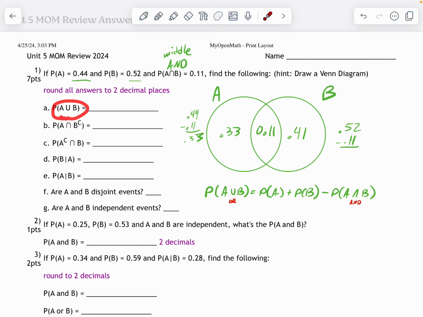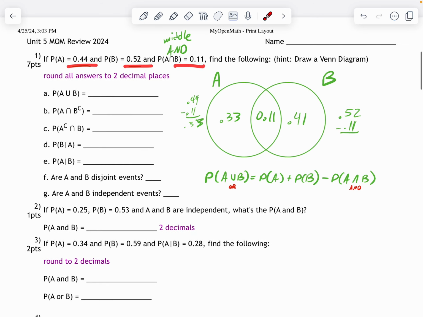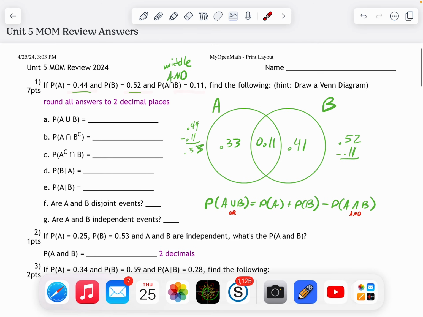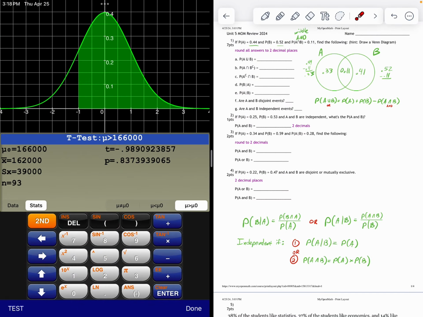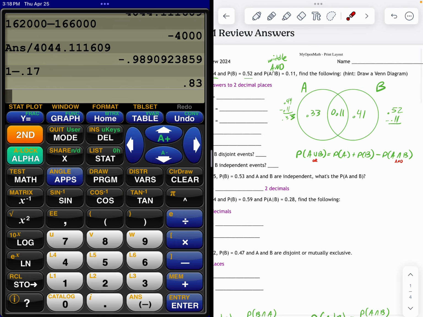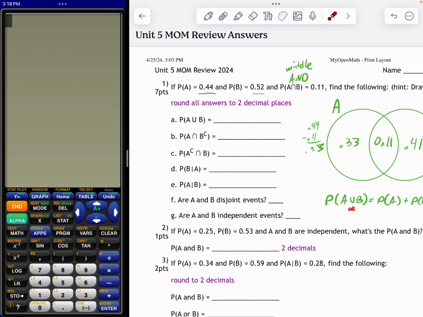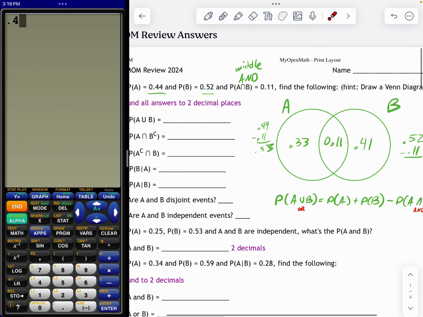Here's A or B, and look, I just copied the formula straight off your packet, and they gave me everything I need right there. So you add them up and subtract the overlap. Pretty straightforward, all right? It'll be just 44 plus 52 minus the 11 overlap.